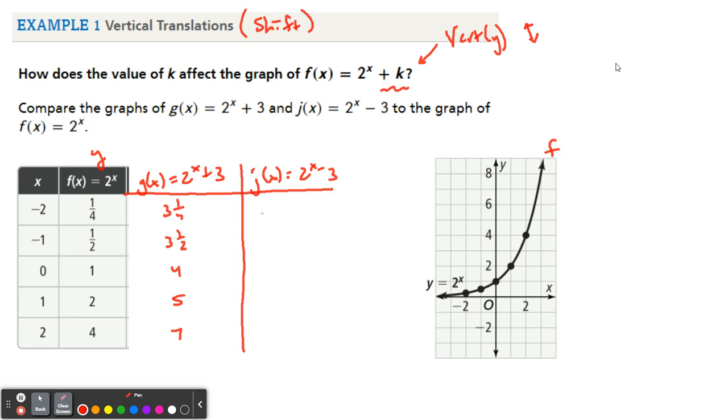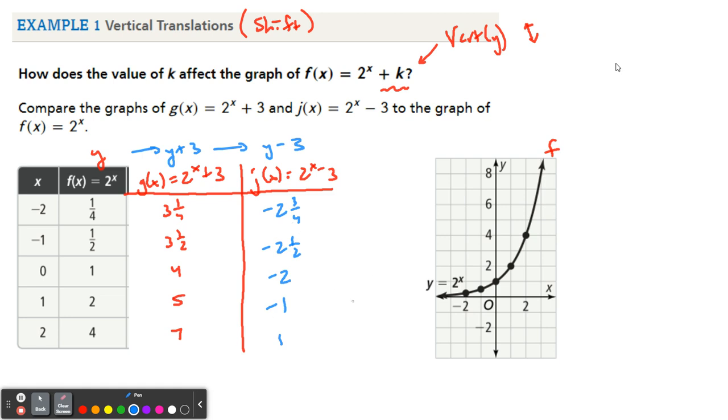And over here, when we subtract 3, this is a little bit more difficult, but I've done it ahead of time. 1/4 minus 3 is negative 2 3/4. 1/2 minus 3 is negative 2 1/2. 1 minus 3 is negative 2. 2 minus 3 is negative 1. And 4 minus 3 is 1. So all the y's are just changing. These are the y's being added by 3, and these are the y's being subtracted by 3.